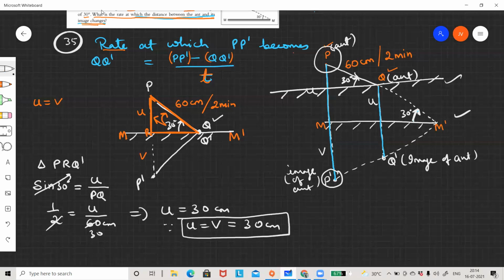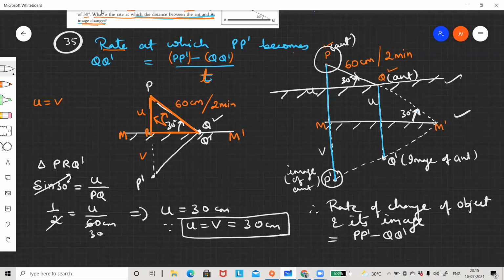So the answer now, the rate of change of the object, that is the ant, and its image, that is the ant's image, is PP prime minus QQ prime by time.